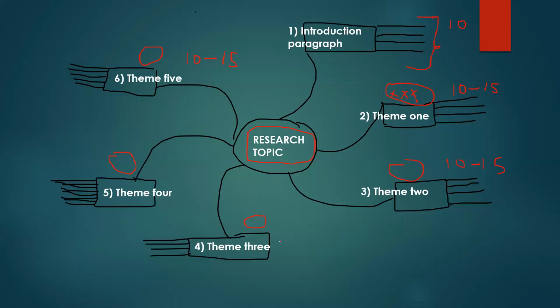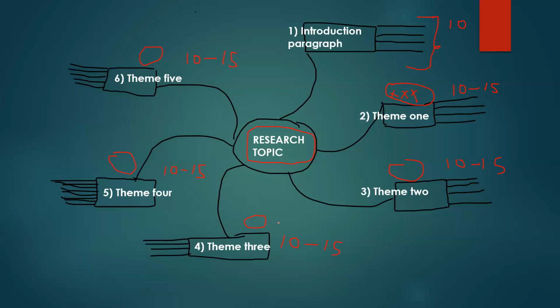Okay. Then what I'm actually saying is that the first thing that you need to do is to identify your themes. Sometimes I used to tell my students to identify the themes and send them to me. Then I will do my own research and see if the themes are balanced. By balanced, I mean that they've covered all the various concepts that are related to their research title.